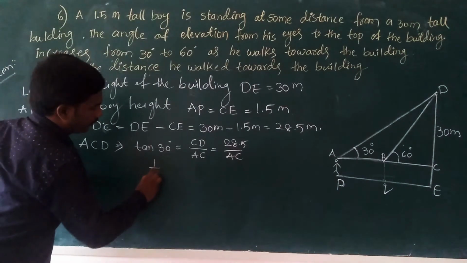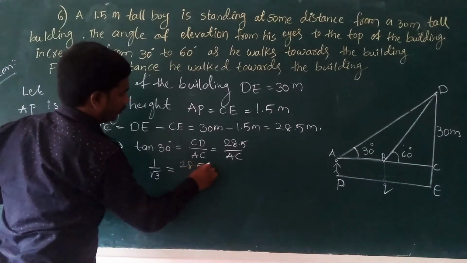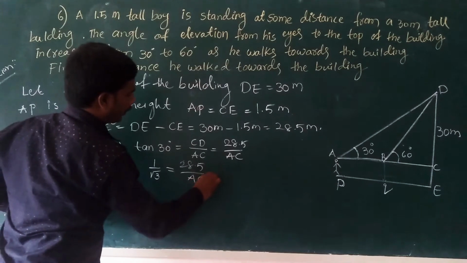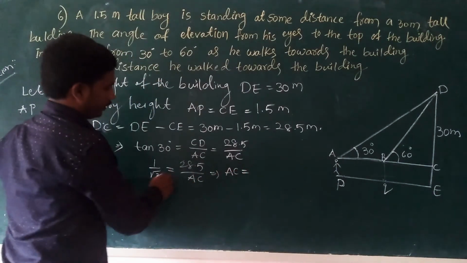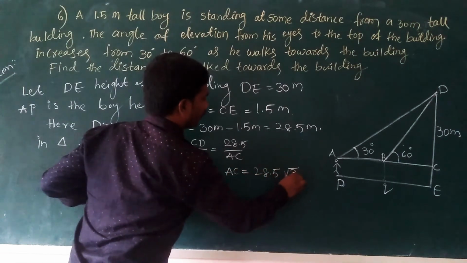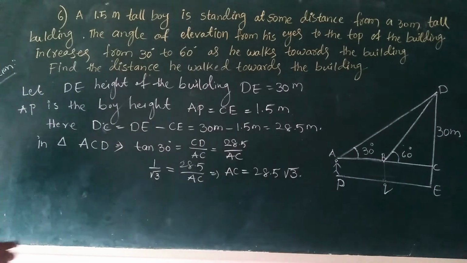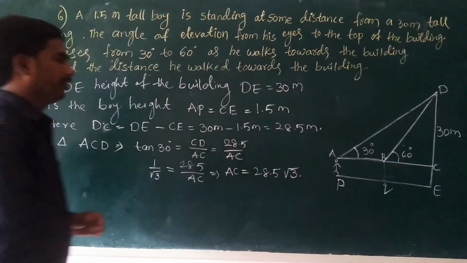Tan 30 is 1 by root 3. So 1 by root 3 equals 28.5 by AC. AC is equal to 28.5 root 3, the distance from A to C.